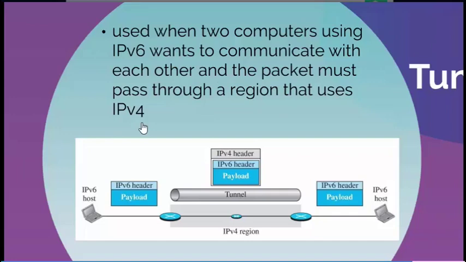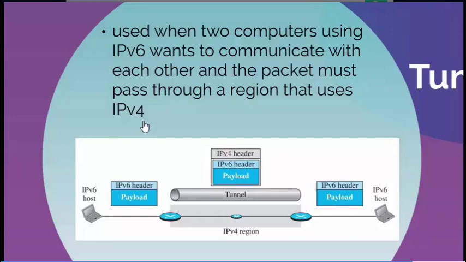So even if one computer on one side of the world uses IPv6 and the other computer on the other side of the world is also using IPv6, there really is a possibility that the packet will pass through a route or routes that still use IPv4.